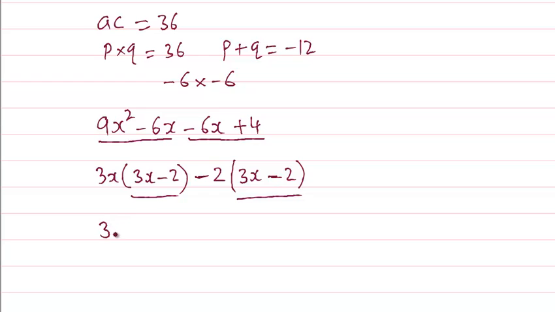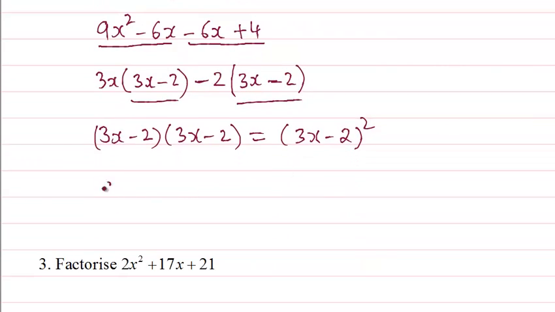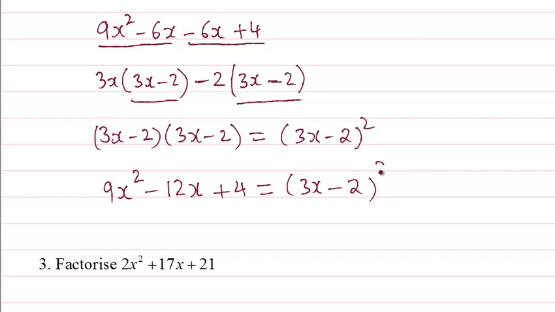So then we just write the other two, 3x minus 2 times 3x minus 2. But these two brackets happen to be the same, so we can also write 3x minus 2 all squared. So our original question, 9x squared minus 12x plus 4 is equal to 3x minus 2 all squared.